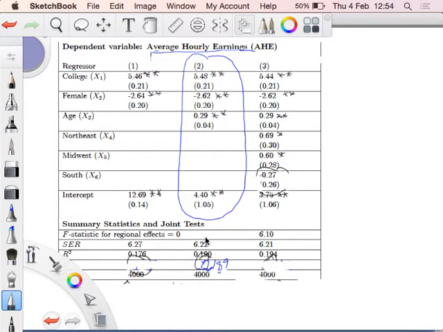Now, is age an important determinant of earnings? Yes, no, yes, no. Guys, it's only one person saying yes. It appears age is an important variable because it's statistically significant at the 1% level, right?